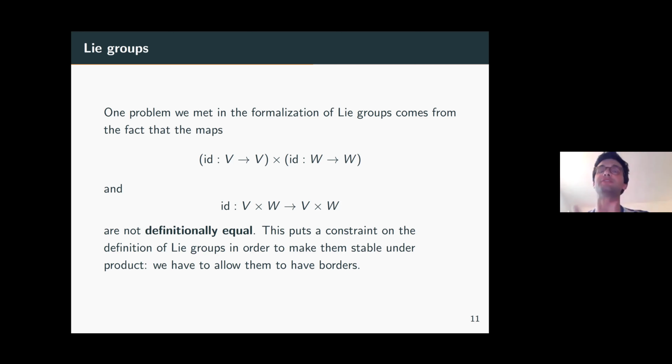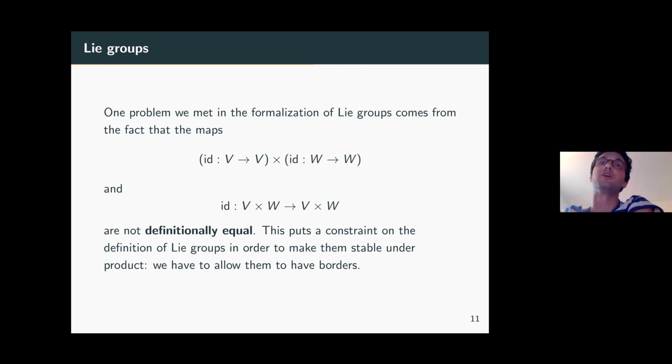not have that Lie groups are stable under product, because the product of two Lie groups, being a Lie group, will also have to have the trivial model with corners, so the identity map. But the product of two manifolds is defined to have the product of model with corners, which is just the product of the two maps underlying the model with corners.